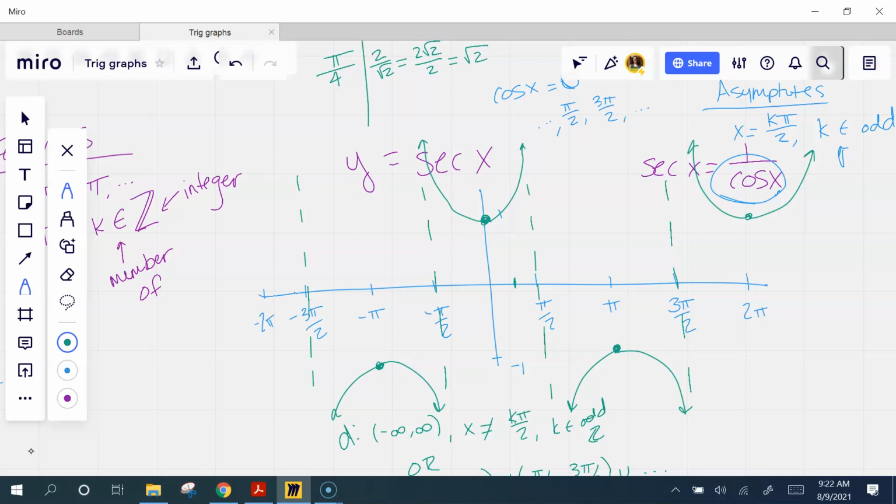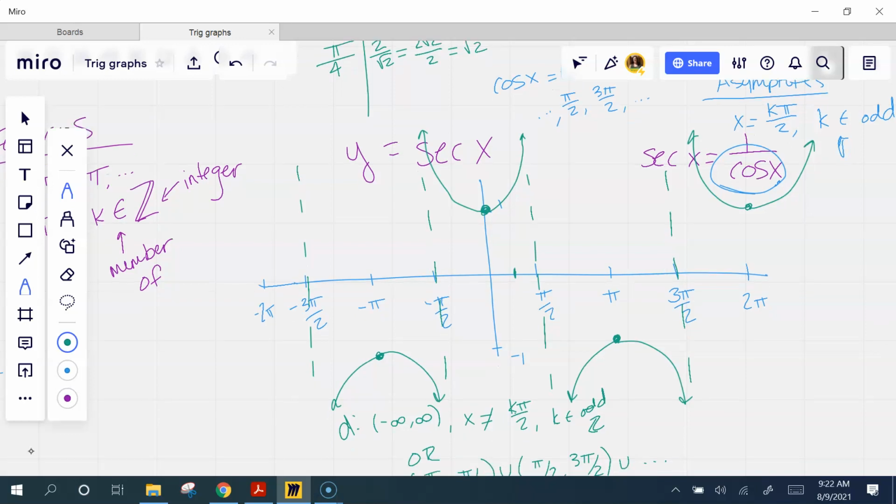Okay, where did I lose you? Okay, so what is the cosine of pi? -1. Reciprocate it. So it's still -1.